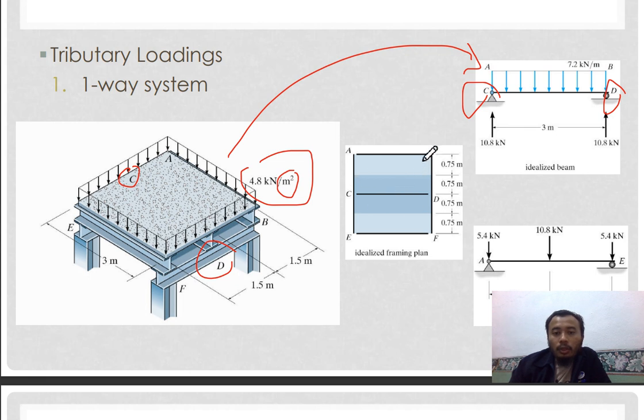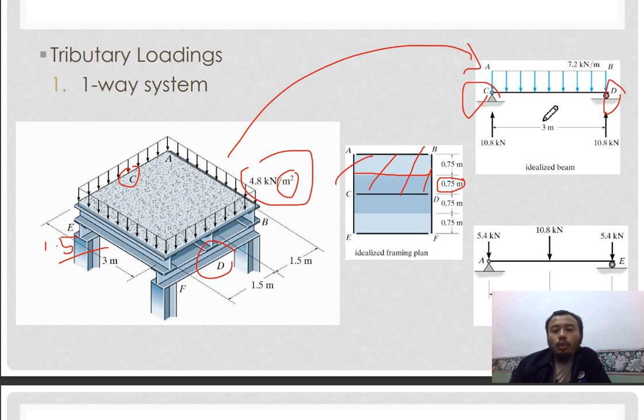So slab AB, as you can see here, is being split into two. The total length between B and D is 1.5 and 1.5 here and another 1.5 here because the total is 3 meters. So 1.5 divided by 2 again, then it will be 0.75.